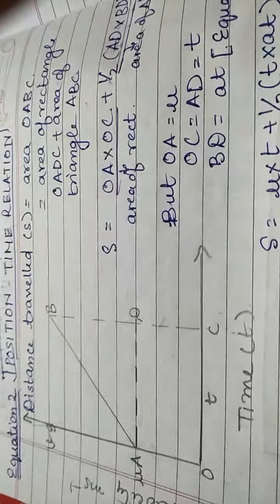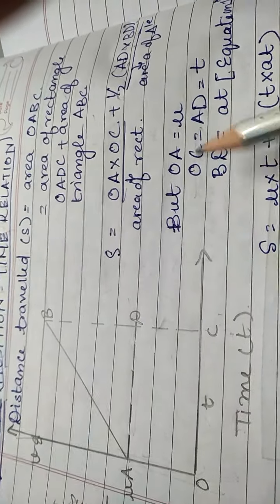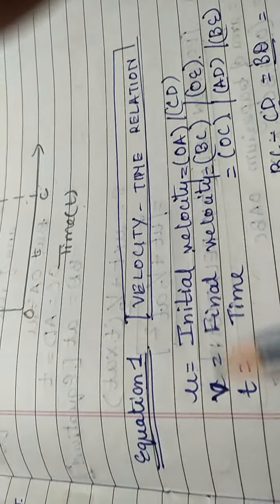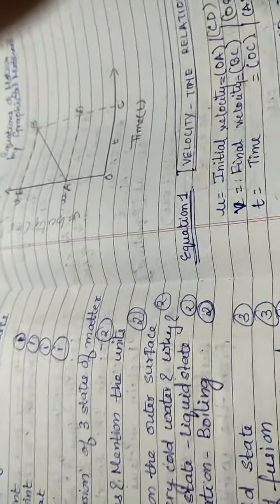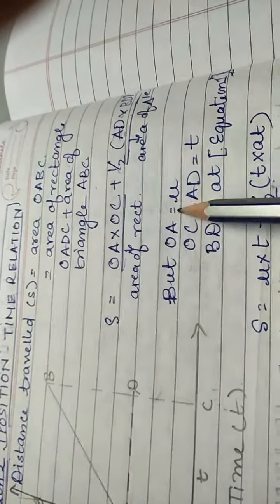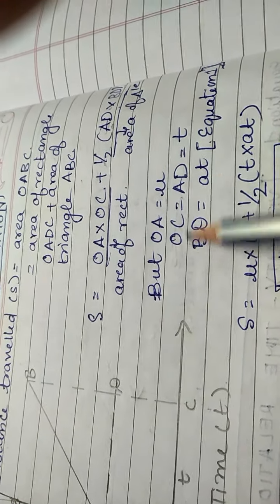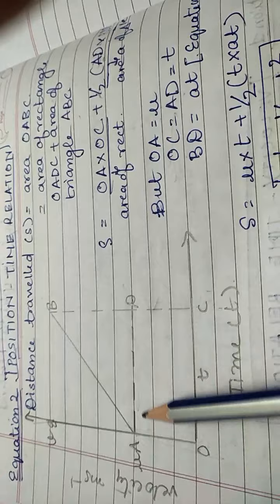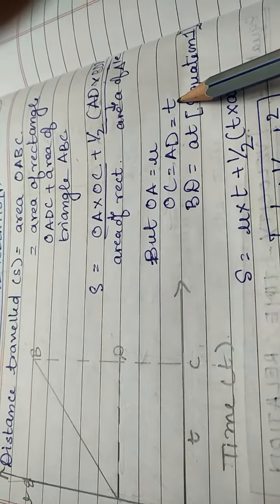Now OA is equal to u, if you remember. Turn the page and see here, OA is equal to u. So in place of OA you can write u. OC is equal to AD, and this is equal to time, that is t.